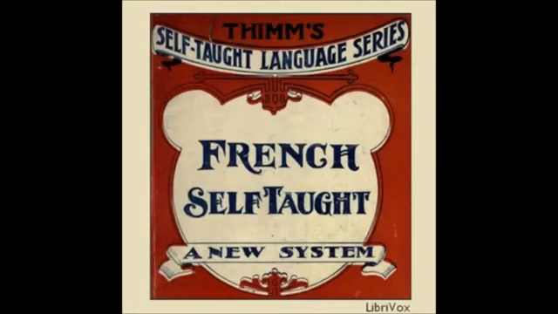Dites-lui d'attendre. I am busy. Je suis occupé. Shall I tell her to call again? Faut-il lui dire de repasser? I shall be disengaged in an hour. Je serai libre dans 1 heure.